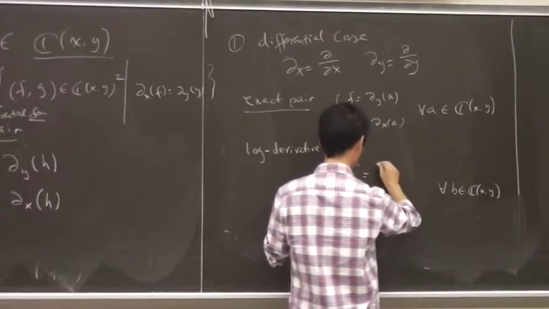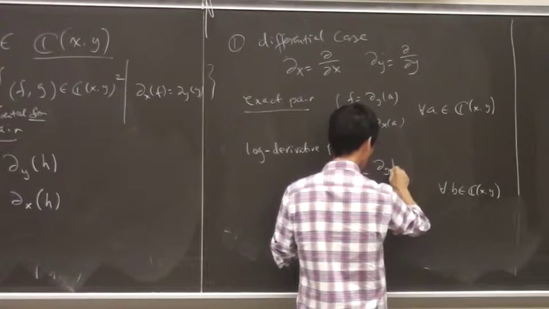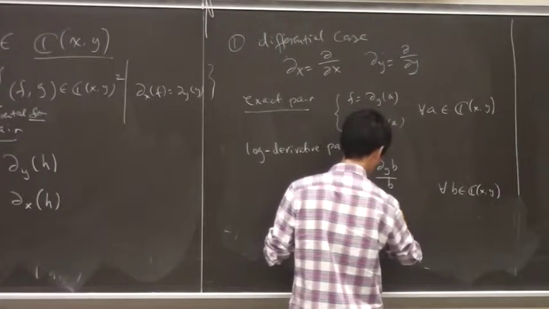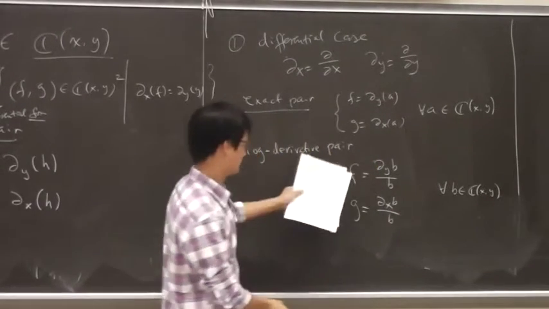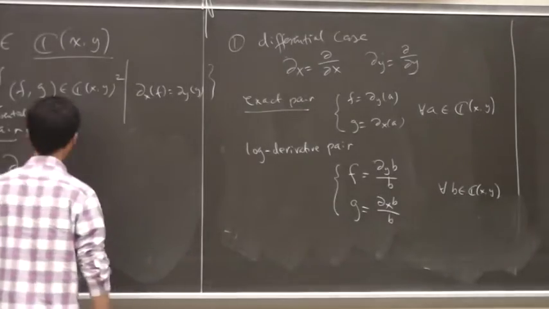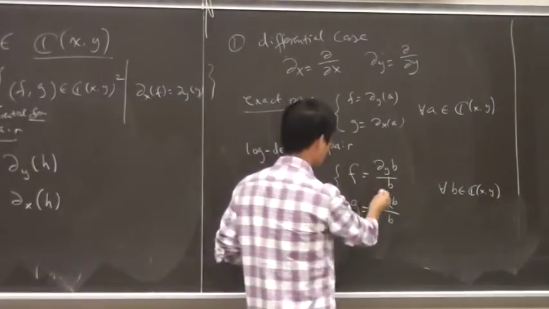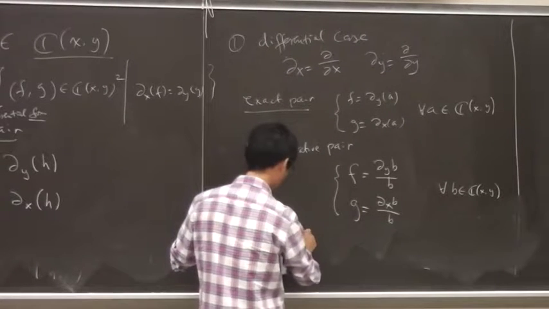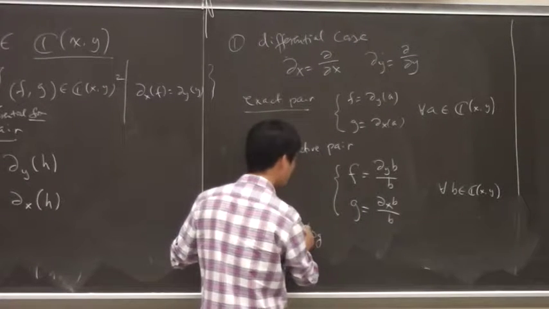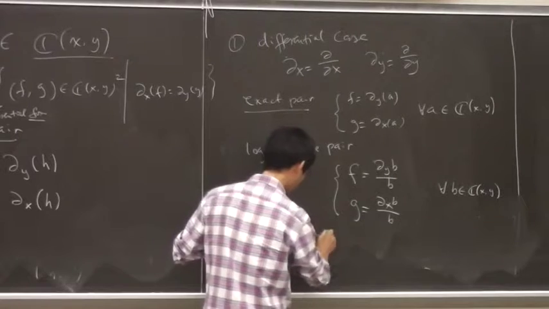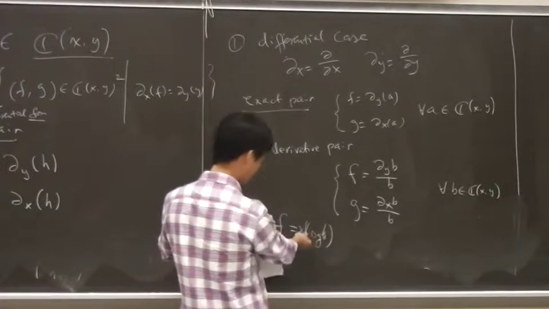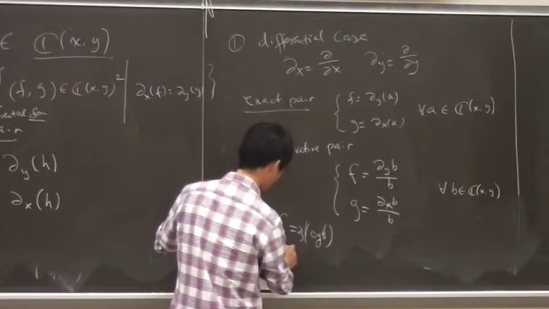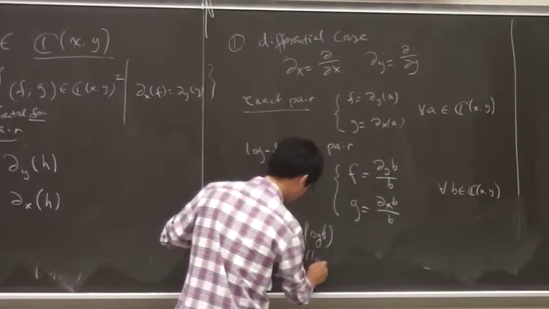So you can take f equal to partial y of b over b, and g equal to partial x of b over b. This also satisfies the double equation. It comes from thinking of f as the derivative with respect to y of log b, and g as the partial x of log b.